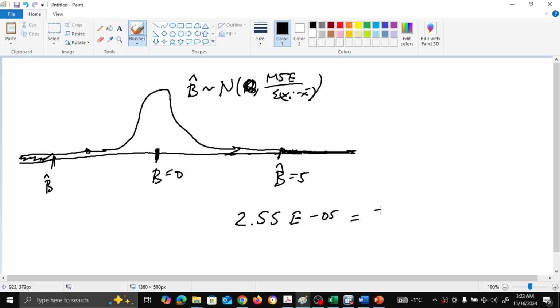But what is this equal to? 2.55 times 10 to the negative 5th power. And if you did this in high school, like I remember it to this day at least, you have to move the decimal point 5 spots to the left. Okay?